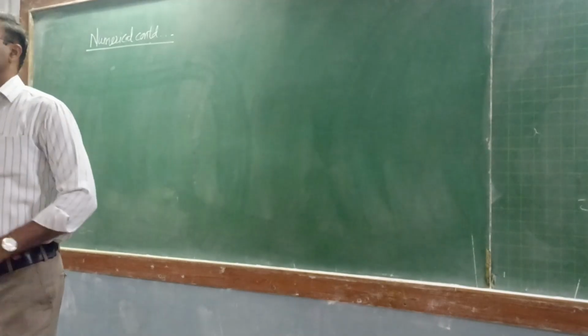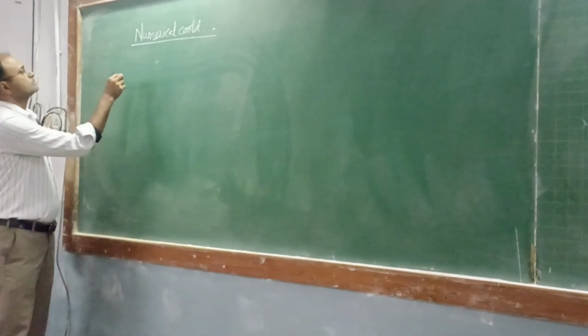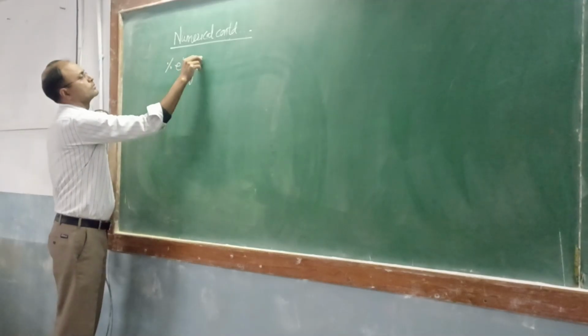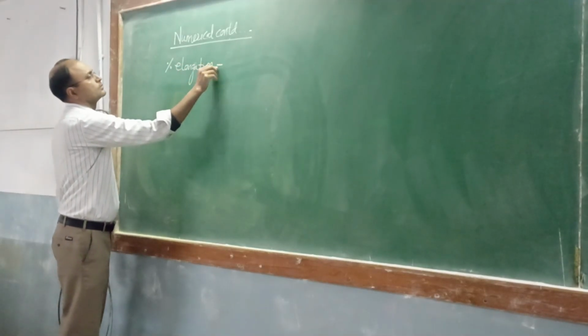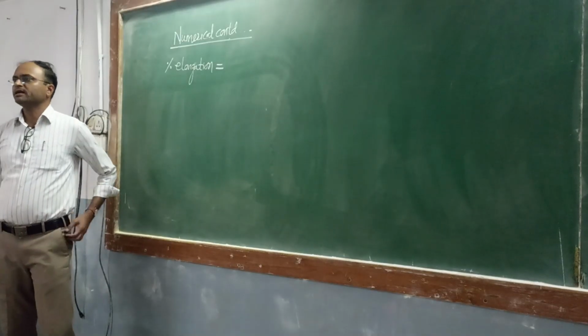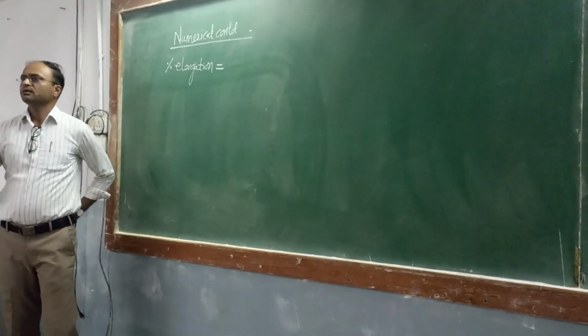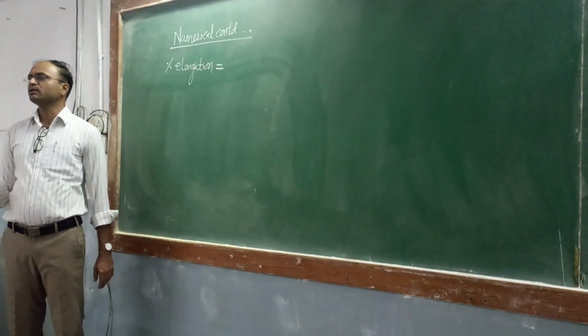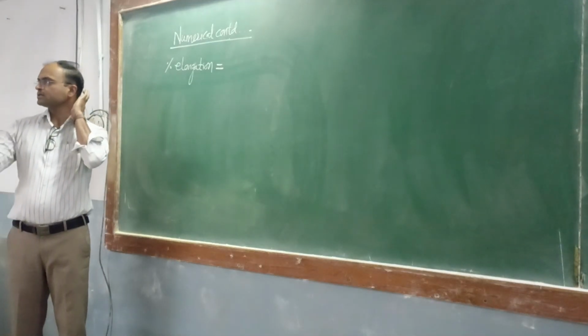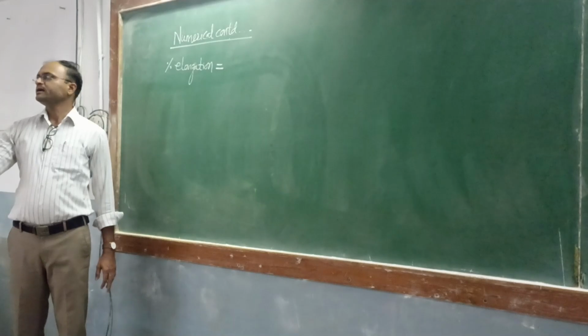Continuing with yesterday's numerical, percentage elongation and percentage reduction were also to be calculated. We calculated 3 values: yield stress, ultimate stress, and Young's modulus.